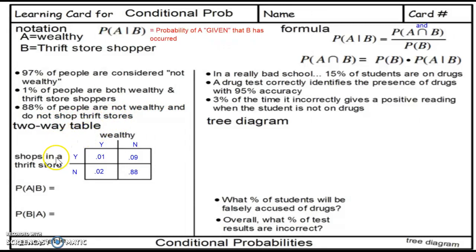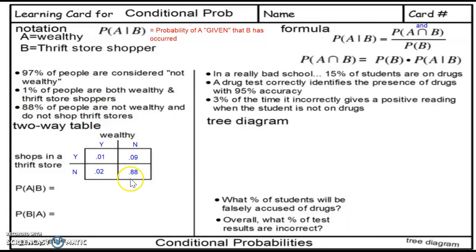So with that said, I can fill out this table. When I fill out this contingency table, I have shops in a thrift store and wealthy. So when I put all this together, I get 1% of people that yes are wealthy and yes shop in a thrift store. That's what we have right here. 88% of people are not wealthy and do not shop at a thrift store.